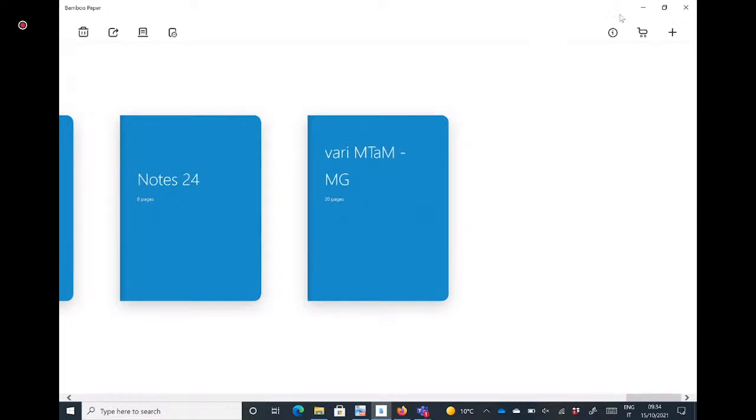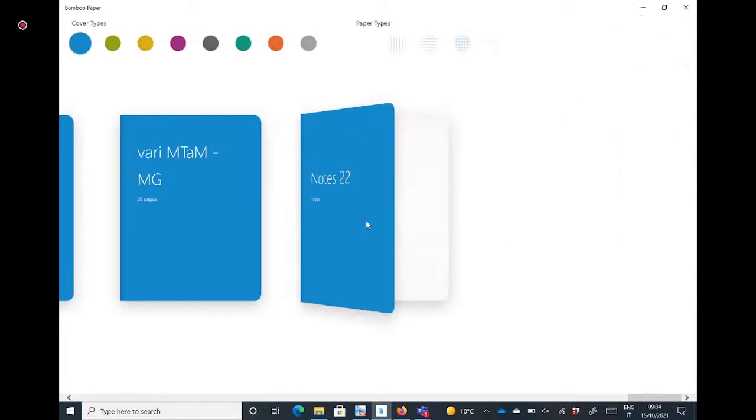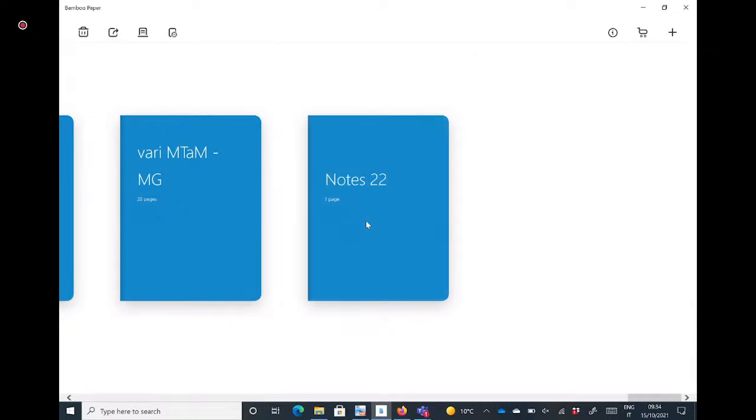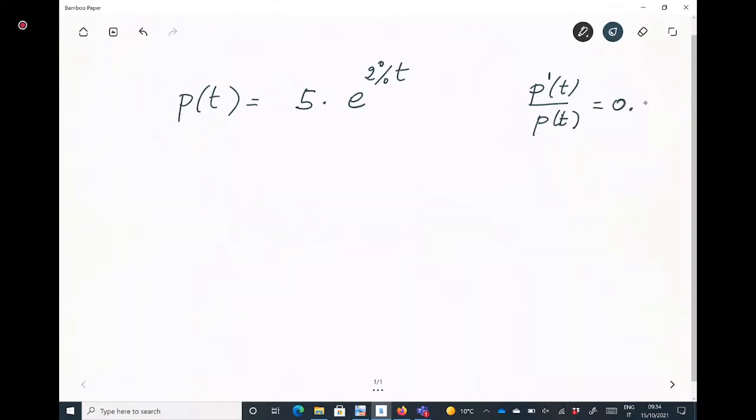I hope that everybody remembers that if I have an exponential function of time like this one, 2% is the time growth rate. It's P prime of t over P of t, which is equal to 0.02 for exponential functions.